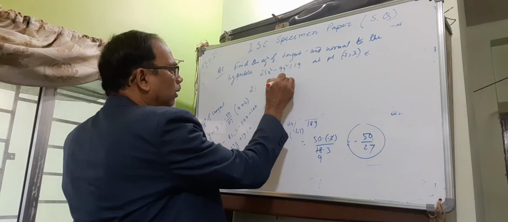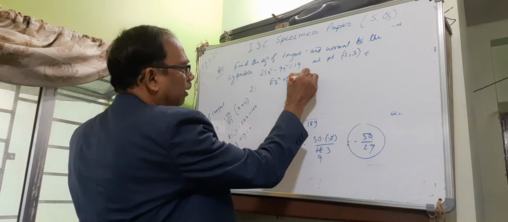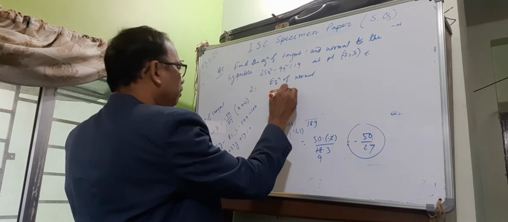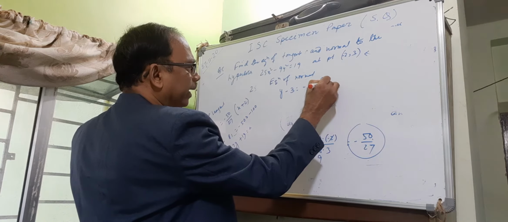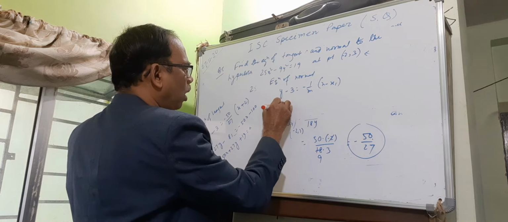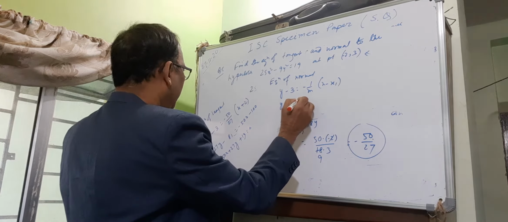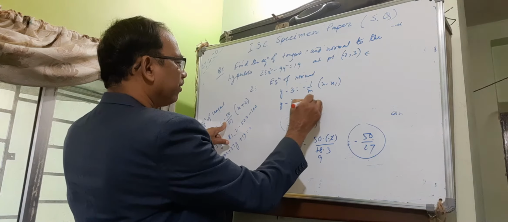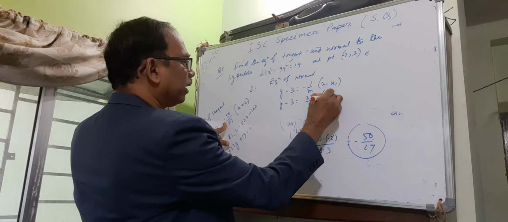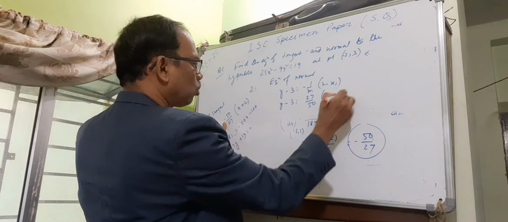The equation of the normal: y minus y1 equals -1 by m times (x minus x1), and here it is minus, plus, that is 27 by 50 times (x minus x1).